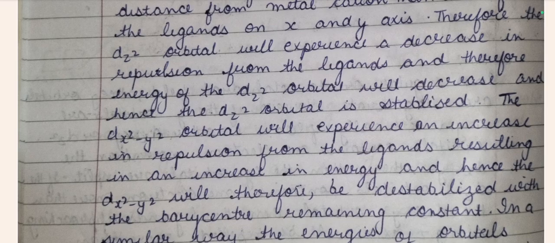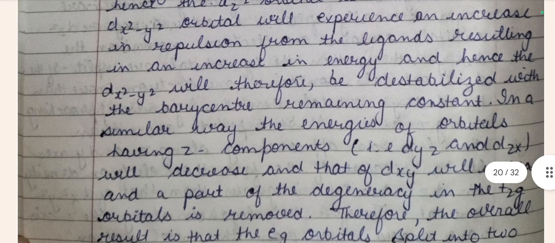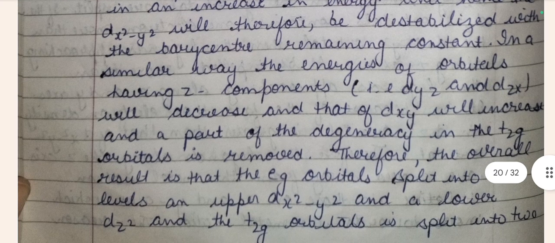In a similar way, the energies of the orbitals having z square component will decrease as that of dx square will increase, and a part of the degeneracy in the T2g orbitals is removed.